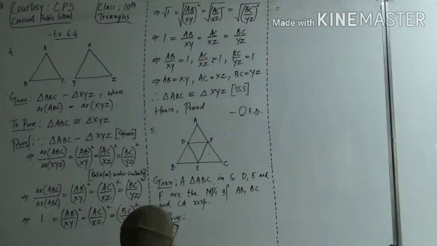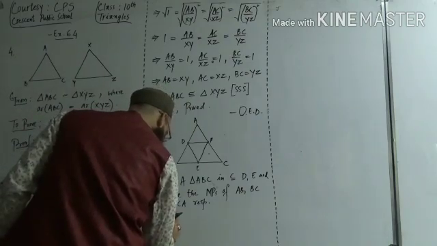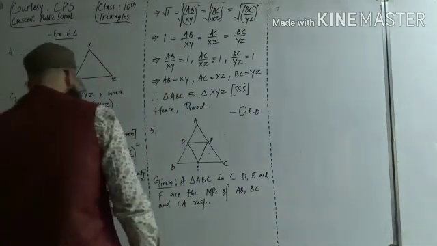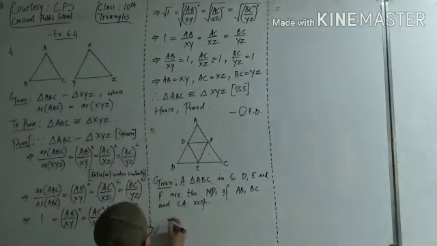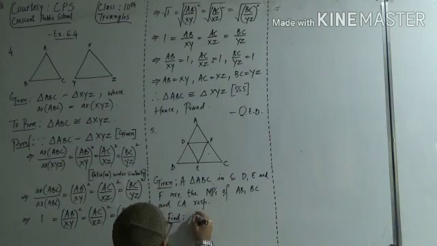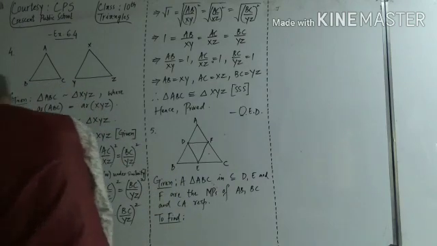To find out, we need to find the ratio of the areas of the triangles.